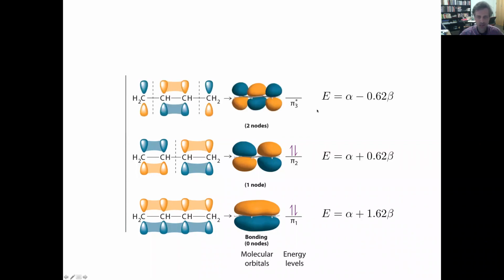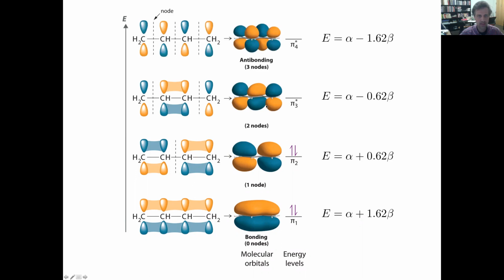Okay, so here's the third one in line. It has the energy alpha minus 0.62 beta, and it has one more nodal plane. So now I have a nodal plane here between the first and second carbon atom, and a nodal plane between number 3 and 4. Okay, so 2 nodal planes means even higher energy. And then the last one has a nodal plane through all of the carbon-carbon bonds, all the pi bonds.